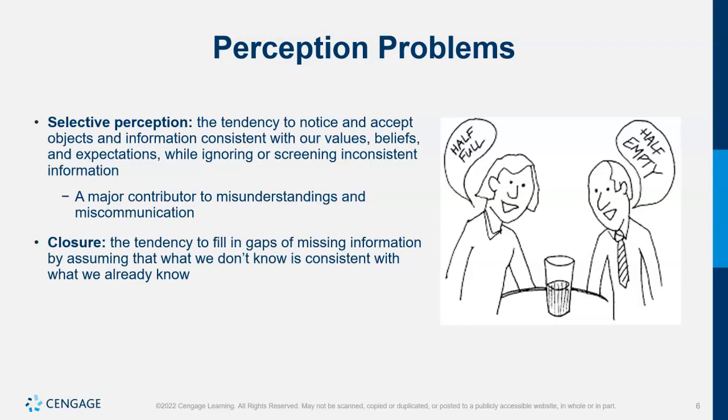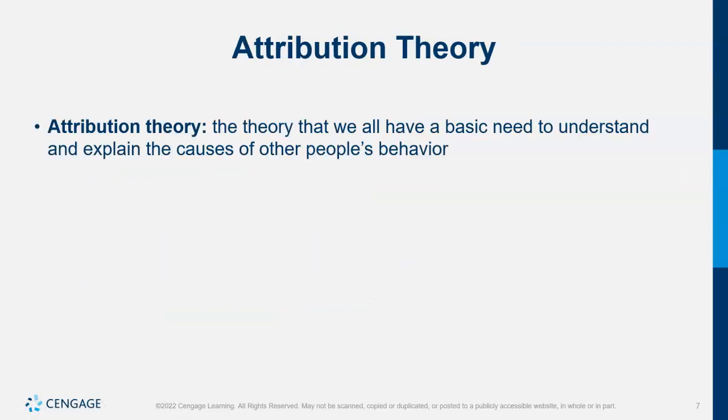We're just making that assumption. That's closure. We're trying to make sense of it and fill in those missing gaps. In my example, I don't know the truth behind that statement, and inaccurate information can create problems in an organization.